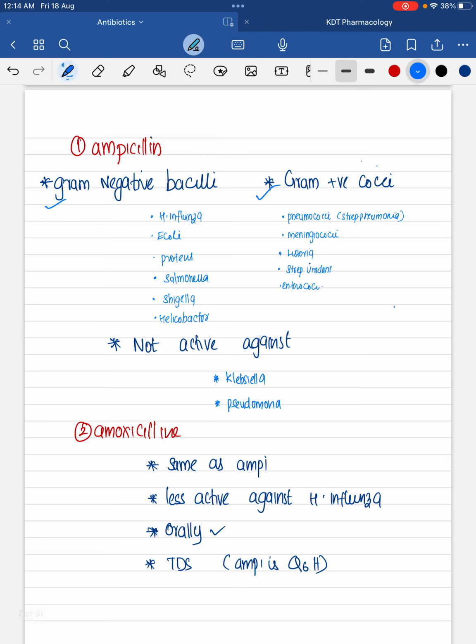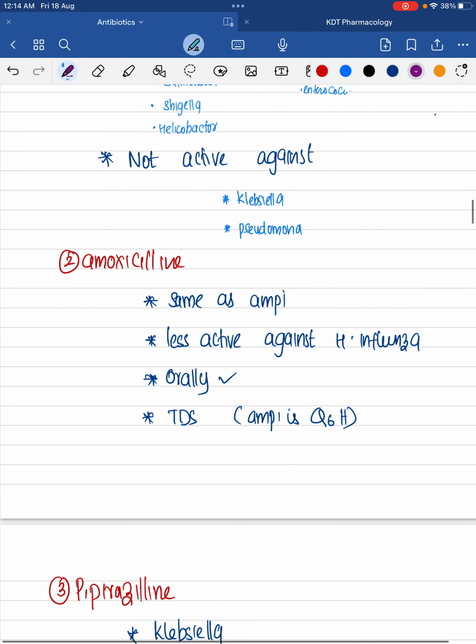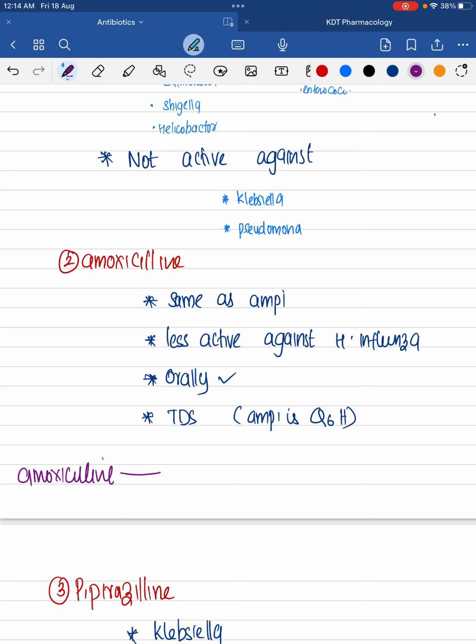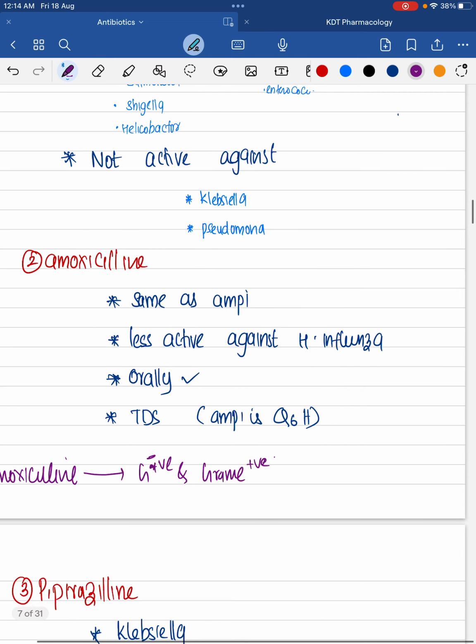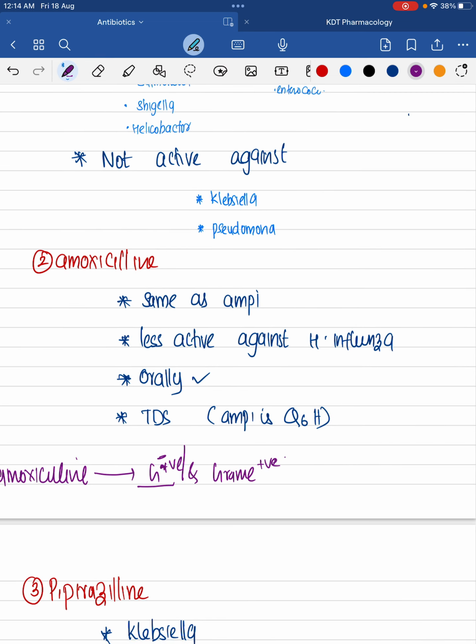Okay, so now you tell me one thing. If we give amoxicillin, amoxicillin can act against gram negative and gram positive, but I told you the majority of gram negatives will be producing beta lactamase.